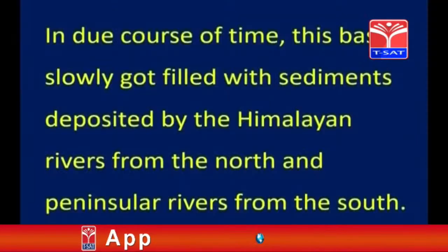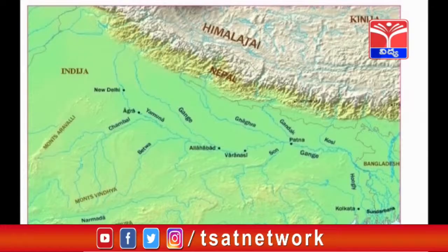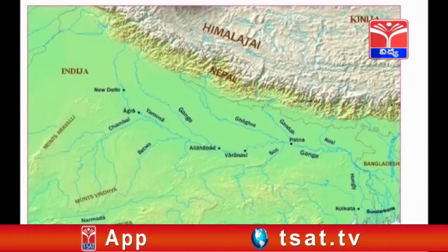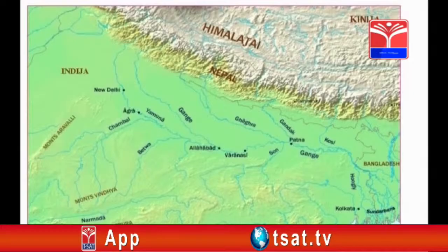In due course of time, this basin slowly got filled with sediments deposited by the Himalayan rivers from the north and peninsular rivers from the south side, and formed this plain which we call the northern plain, which is one of the fertile soiled ones and supported very good agriculture.